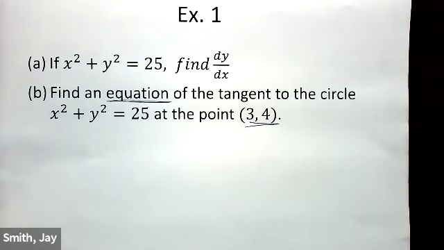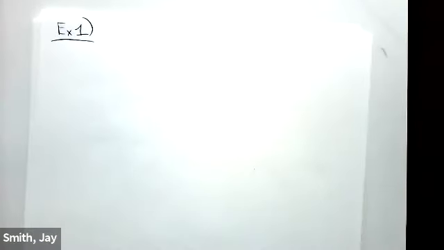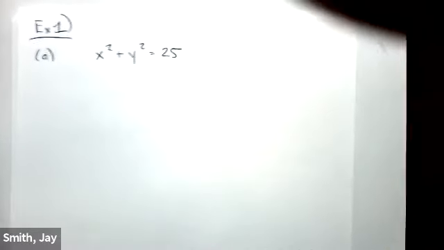All right. So for part A, we need to find the first derivative with respect to x, or dy dx, given that x squared plus y squared is equal to 25.